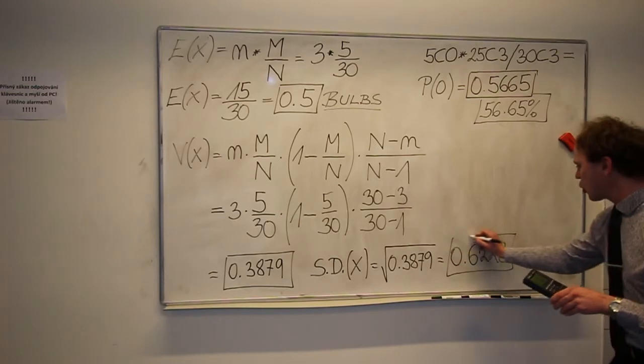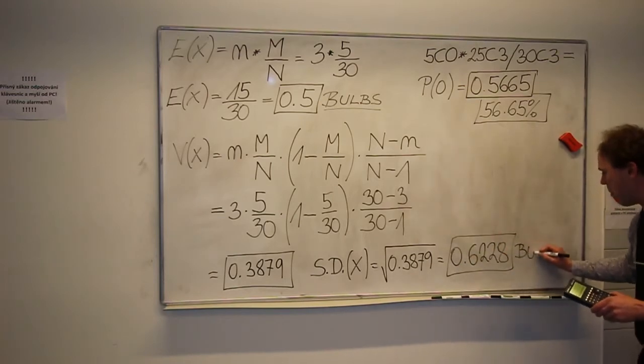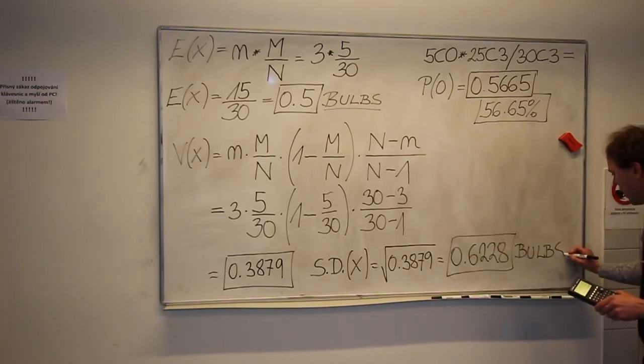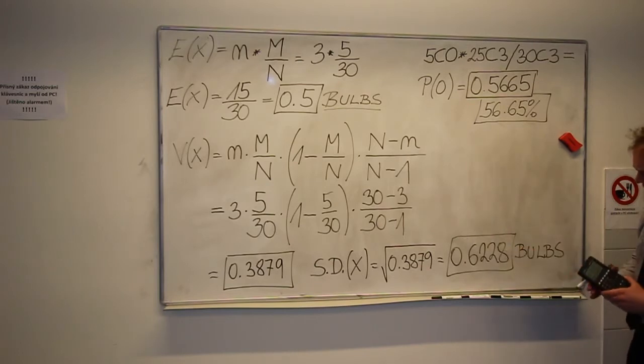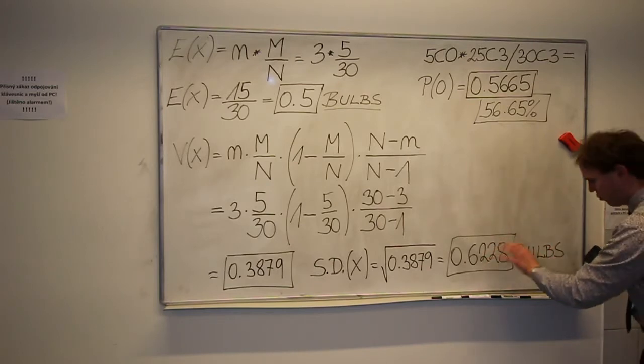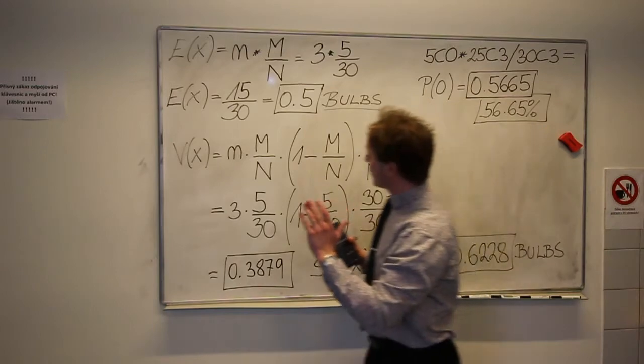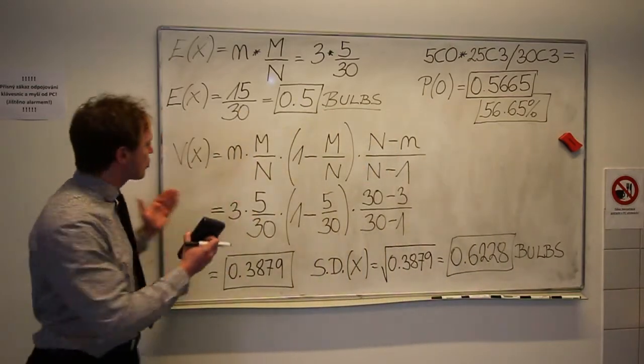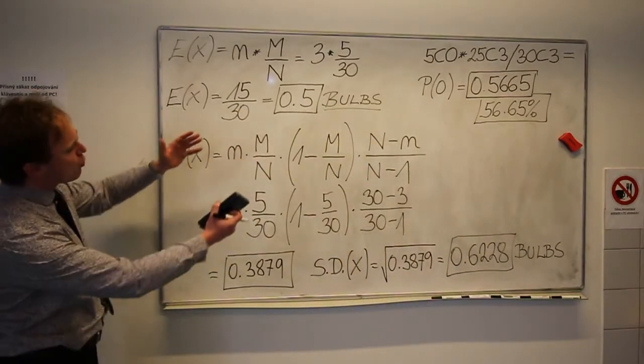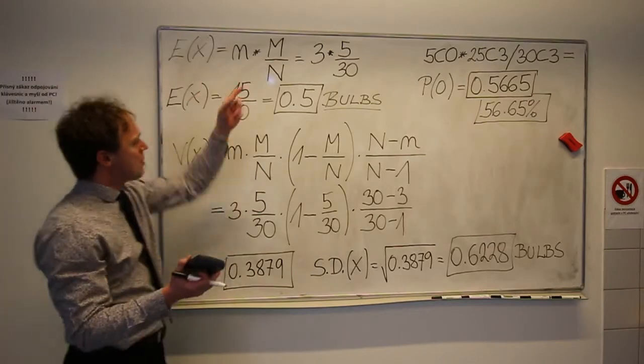This is the deviation in bulbs. Yes, this is in bulbs, 0.6228 bulbs. Okay, so this is the hypergeometric distribution where we used 3 important parameters.